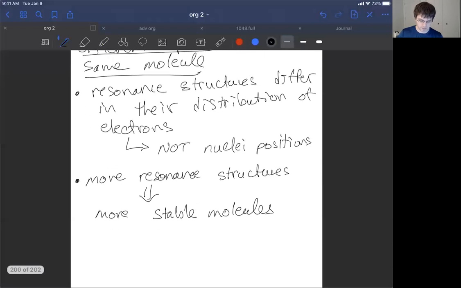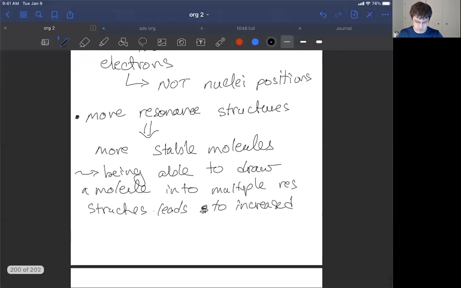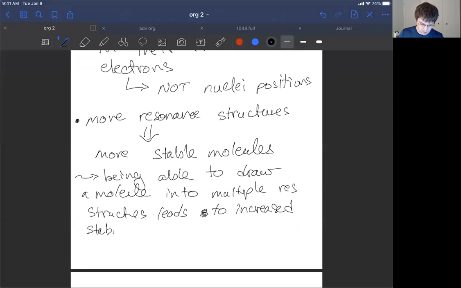So what this implies is that being able to draw a molecule in multiple resonance structures leads to increased stability of the molecule.